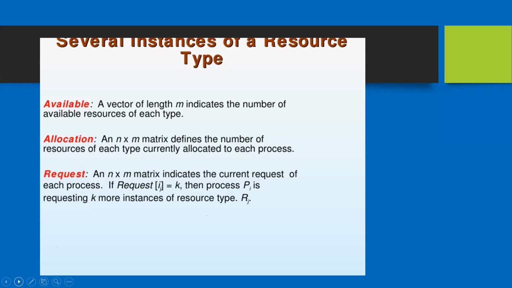Request, an n cross m matrix, indicates the current request of each process. If request Rij is equal to k, then process Pi is requesting k more instances of resource type Rj. So available, allocation and request are these 3 types.